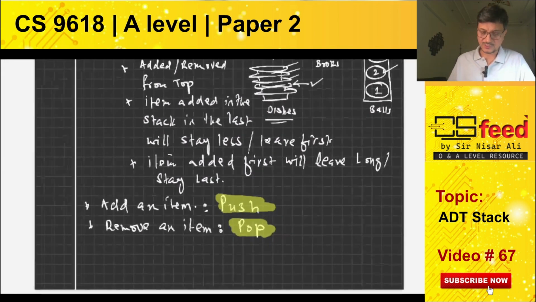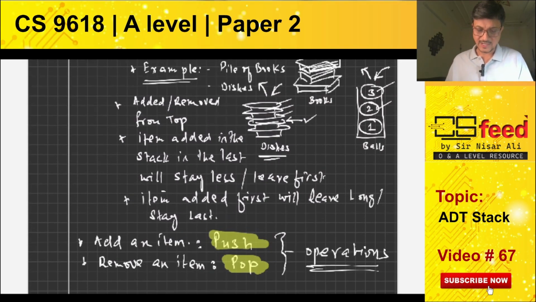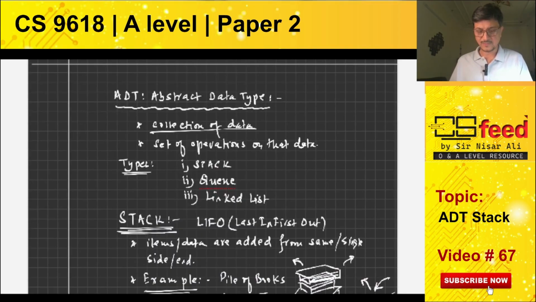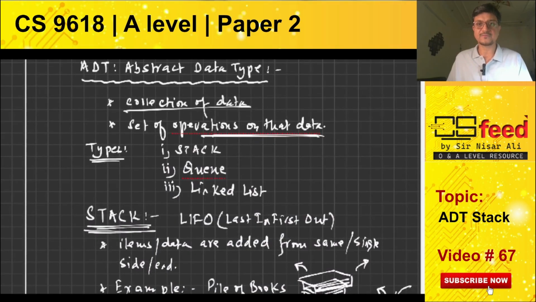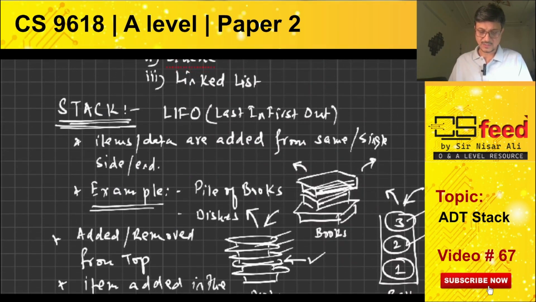So we have two operations. These two are the operations. As I said in the start, what is the ADT? It is the collection of the data and a set of operations on that data. I have just explained the collection of the data: how the data is stored in the stack.